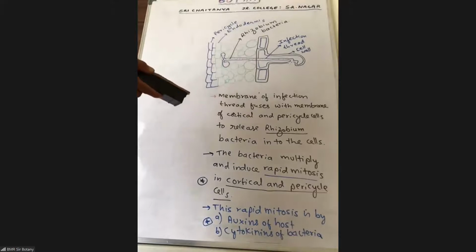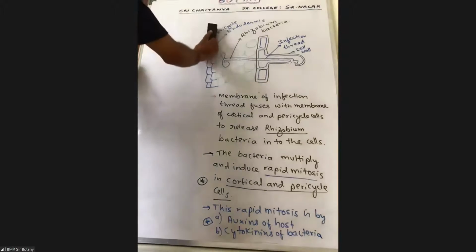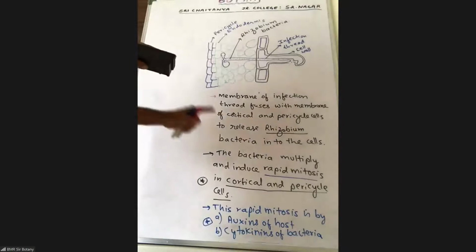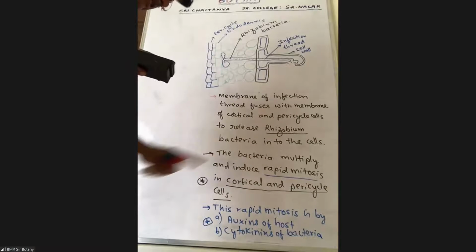Shall I rub off this, Nana? Yes. So wait a minute. Draw the diagram and, point-wise, be careful, Nana. Here, concept-oriented questions are possible. In the labeling of the diagram of the textbook, he mentioned in cortical and pericycle cells.